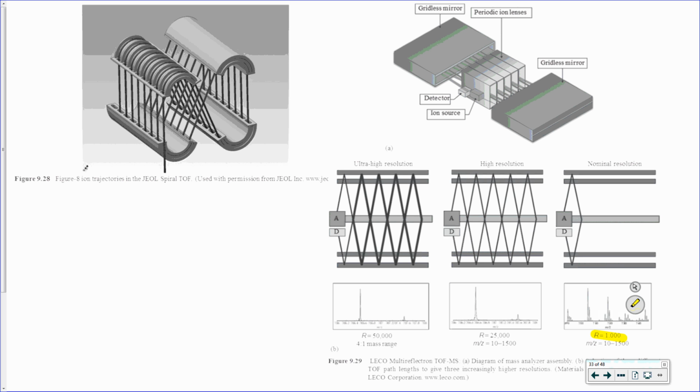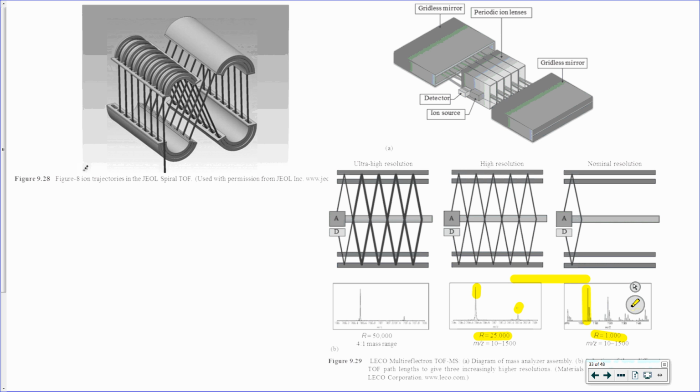Now the good thing about this is that there's no upper limit to the mass. If you're waiting on a heavier ion to come out, you just wait longer. It's slow, but it's going to get down there sometime. You just have to wait long enough. And if I want higher resolution, I bounce it through these mirrors some, so I can get 25,000 resolution. These peaks are now separated here and here.